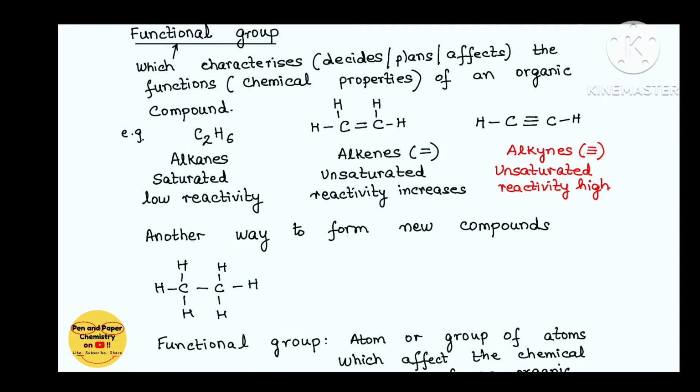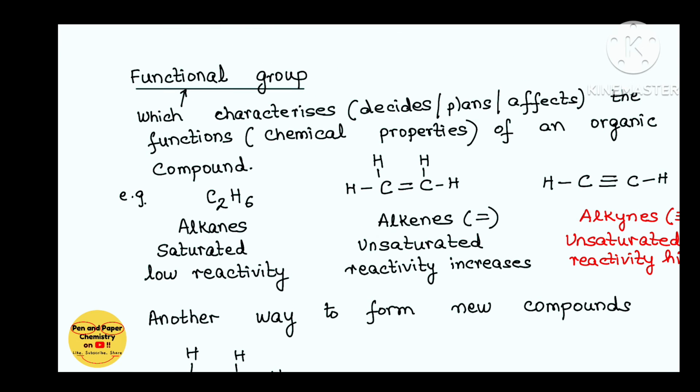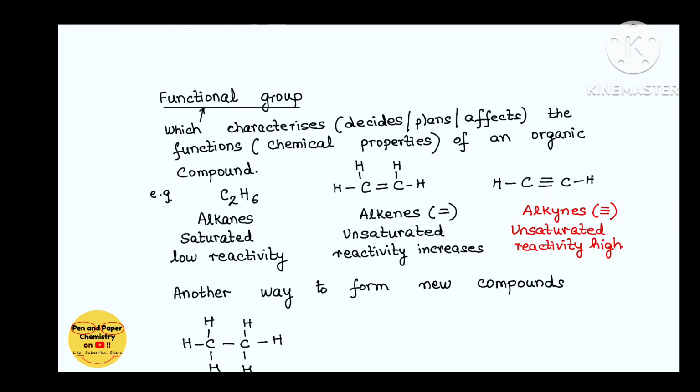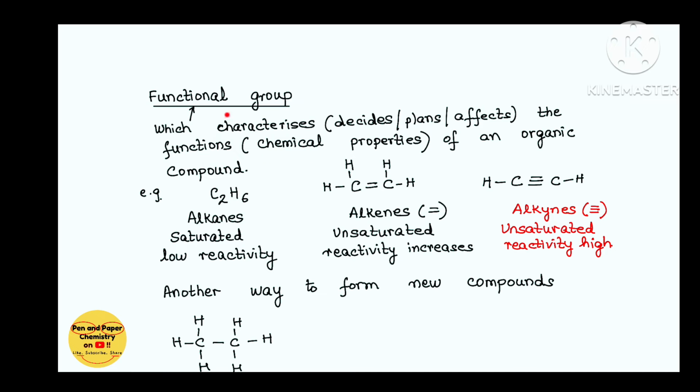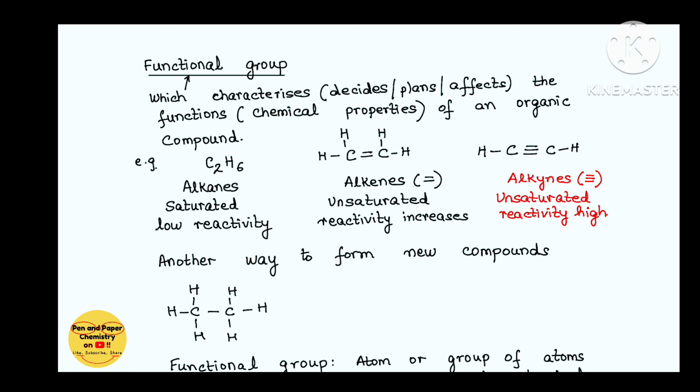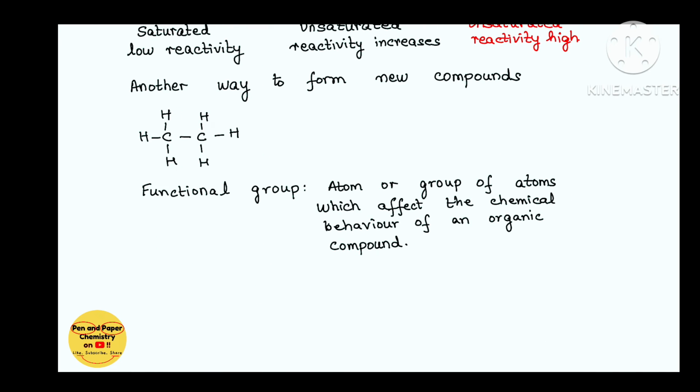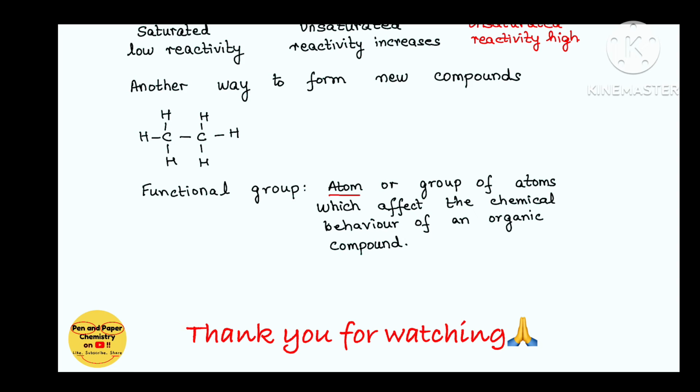See, I gave you the term functional group over here, which characterizes functions from its name. But then I also gave you a proper definition of functional group, because these are the terms that you need in order to connect to scientific knowledge, chemical behavior, organic compounds. So these are key terms.